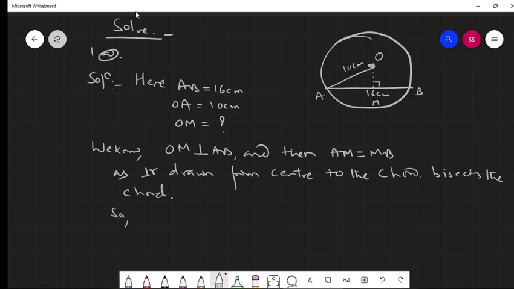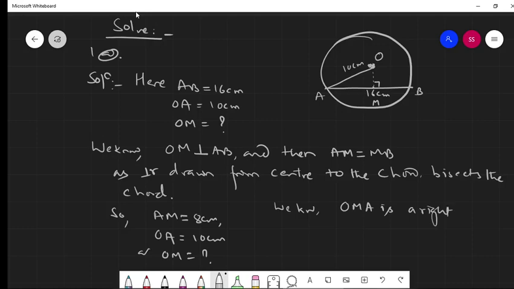So AM equals 8 centimeter, OA equals 10 centimeter, and OM equals what? We know OAM is a right angle triangle.